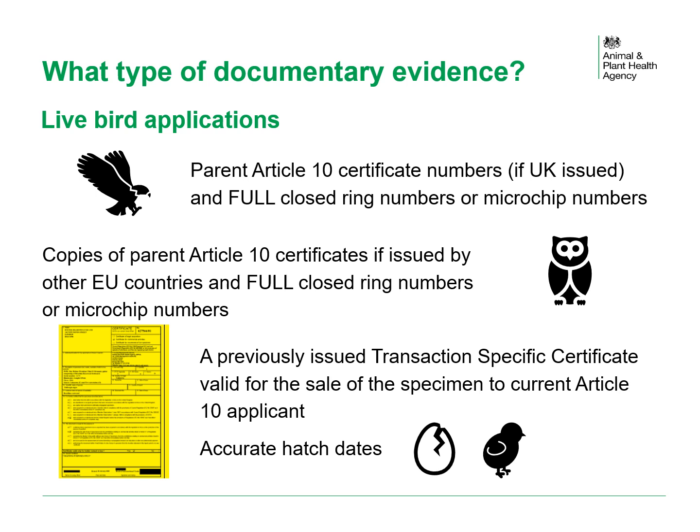Copies of the parent Article 10 certificates, if the Article 10s were issued by other EU countries, and the full closed ring numbers or microchip numbers for the parent birds. Or a previously issued transaction-specific certificate valid for the sale of the specimen to the current Article 10 applicant. You must also provide accurate hatch dates.